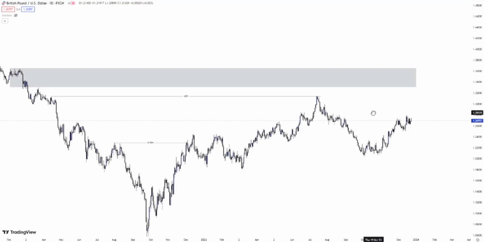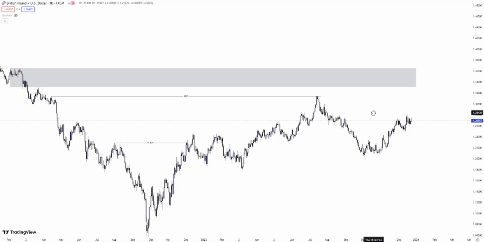Now in today's weekly Forex analysis, I just want to analyze only one currency pair, which is GBPUSD. I'm going to analyze it on the monthly time frame and the daily time frame.